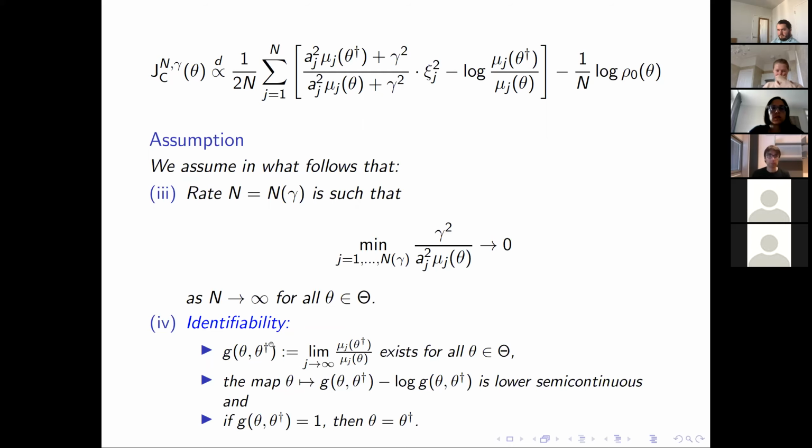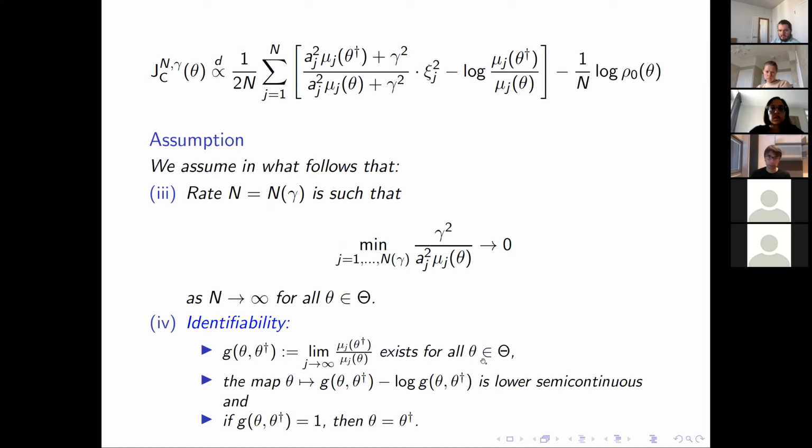And finally, the fourth assumption here is identifiability, which concerns how I have parametrized my prior. For that, I need to understand how this limit behaves. So if I look at this fraction at the limit as j goes to infinity, I need it to exist for all values of the hyperparameter θ.